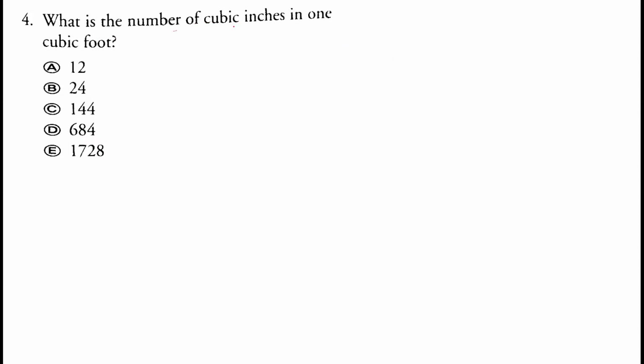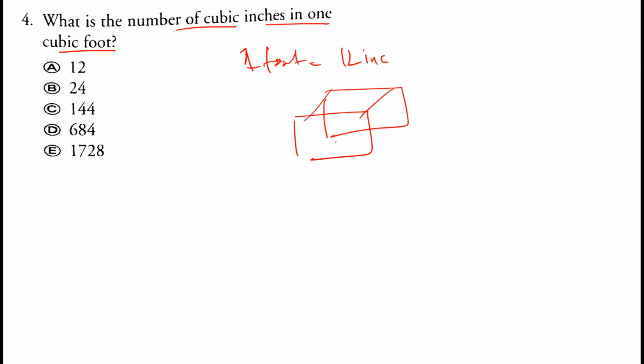Now what is the number of cubic inches in 1 cubic foot? So in 1 foot, there are 12 inches. So in a cube, what is the number of cubic inches? So if we have 1 foot, each length is 1 foot. So the volume would be 1 foot into 1 foot into 1 foot.